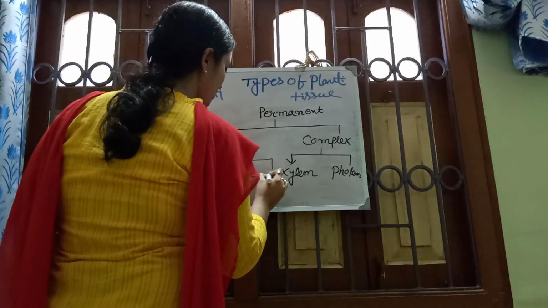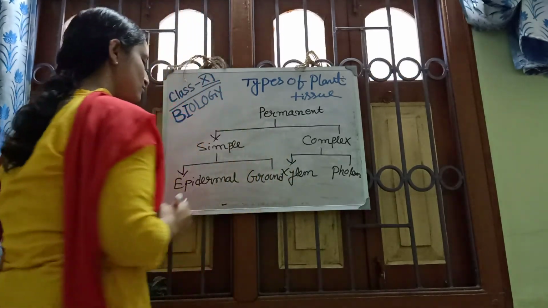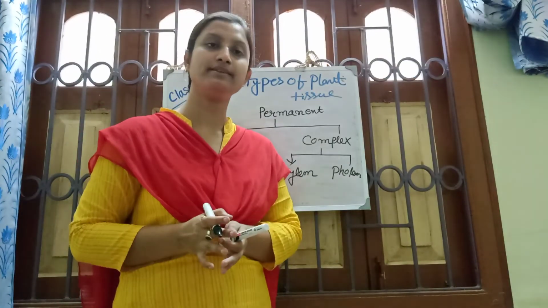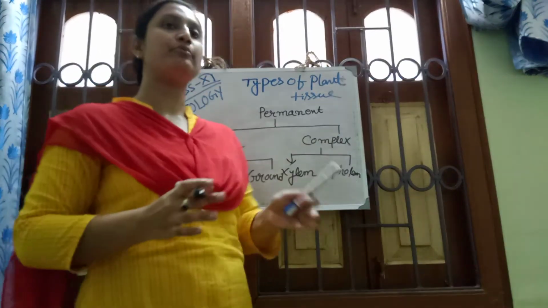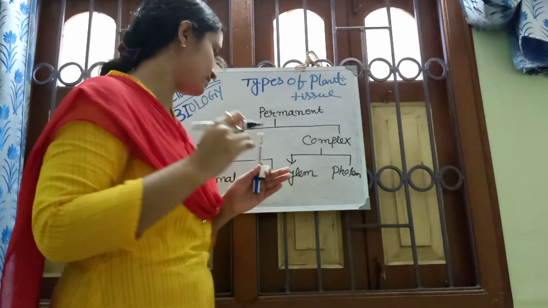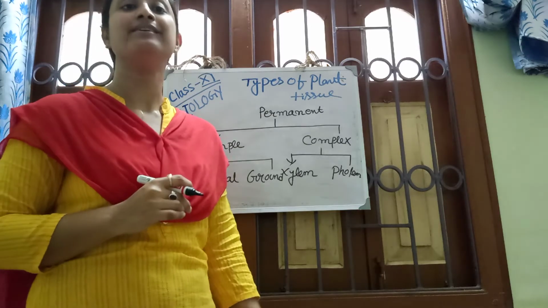The simple tissue is divided into two types: epidermal and ground tissue. Epidermal tissue is the outer covering tissue, and xylem and phloem form a vascular bundle. The remaining tissue is called ground tissue.